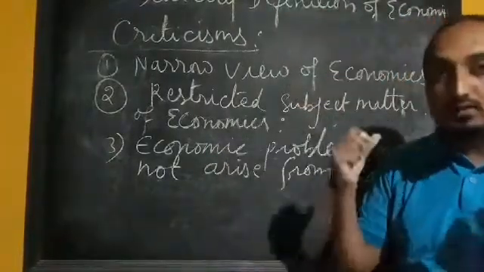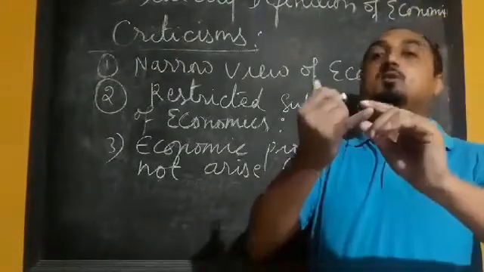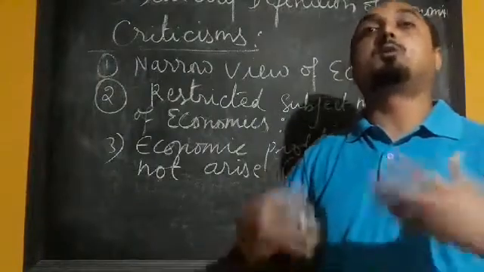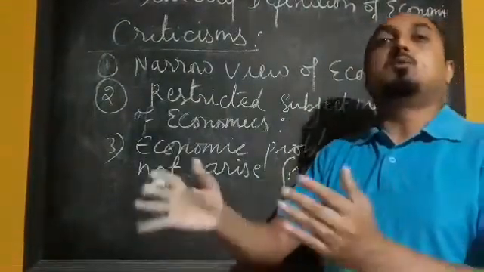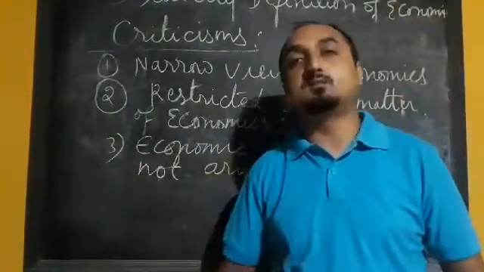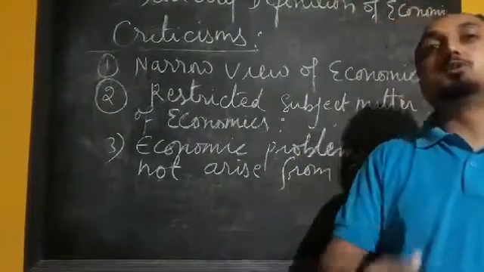So here we can see that the economic problem is not arising only because of scarcity, but sometimes because of overproduction. We can take any example, such as agricultural items as well as other items produced by different factories.